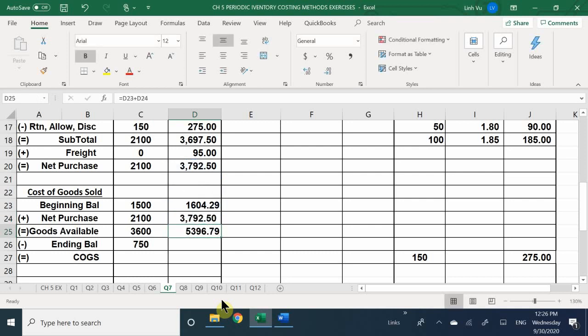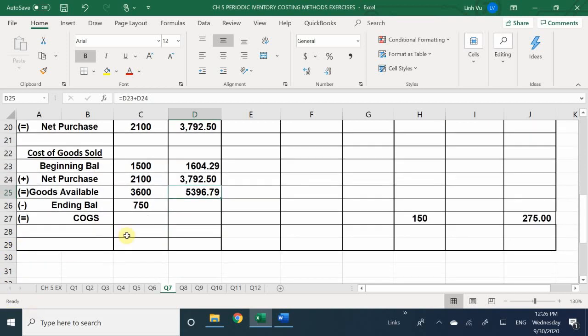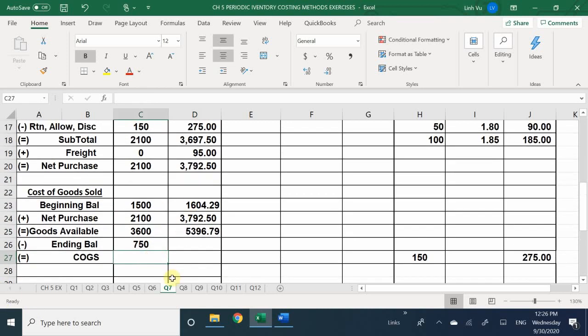Okay, and with that, we are looking at a grand total of $5,396.79. Okay, so with that being said, we know that our ending inventory is 750.